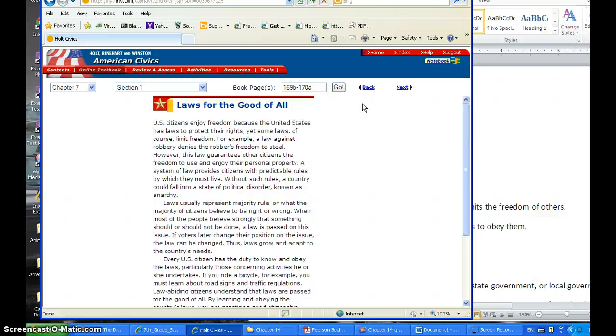So my suggestion is that you do this before you start reading. You look at the titles of your bolded sections within the reading, you make them into questions, and you write them down. That way when you're reading, you read the section, and then you're going to come up with the answer for that question. So let's look at this page here.